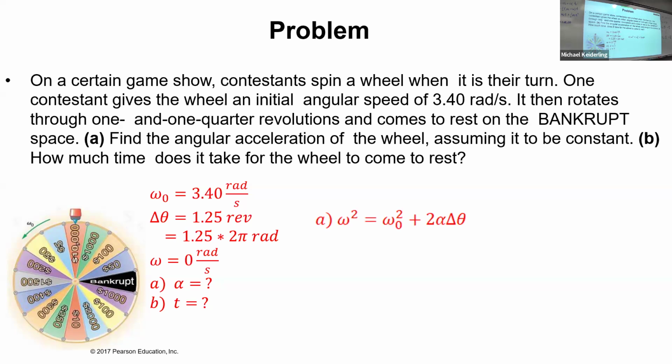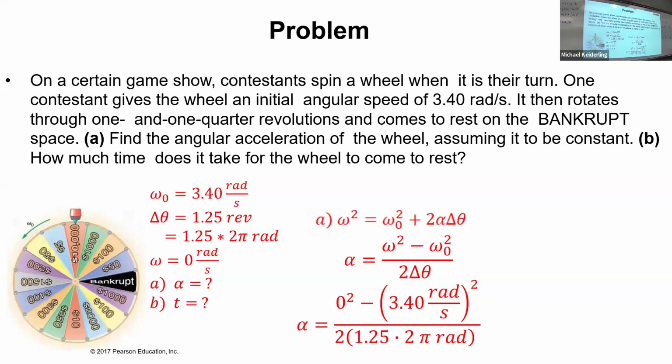So we can use this equation, omega squared equals omega naught squared plus 2 alpha delta theta. So alpha is going to be omega squared minus omega naught squared over 2 delta theta.